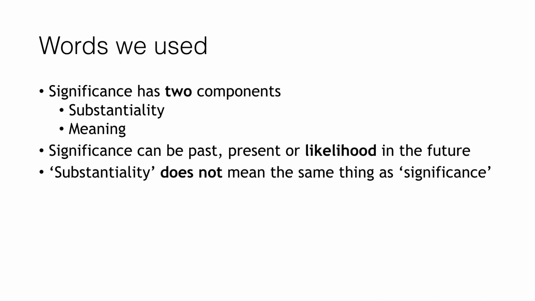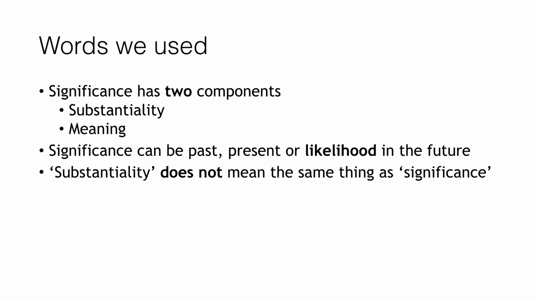We use the word significant harm a lot, but sometimes people use substantial in the place of significant. So, to be clear, substantiality of harm is not the same as its significance. Substantiality is one of two components of significance. These are substantiality and meaning.